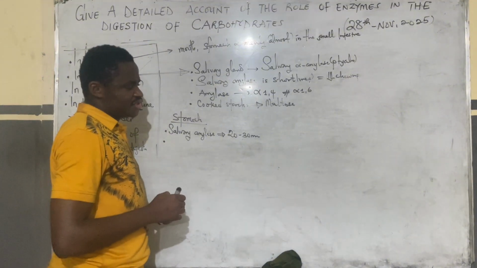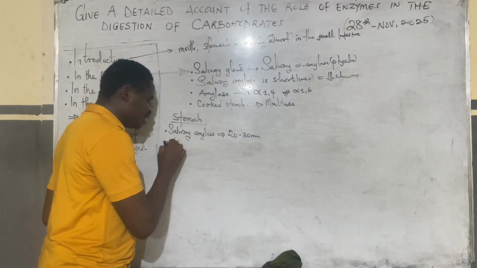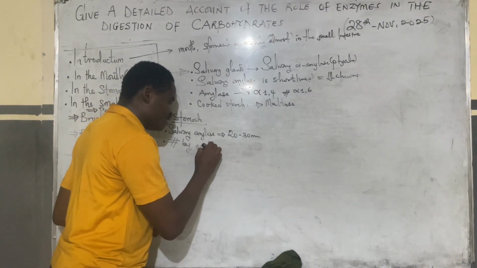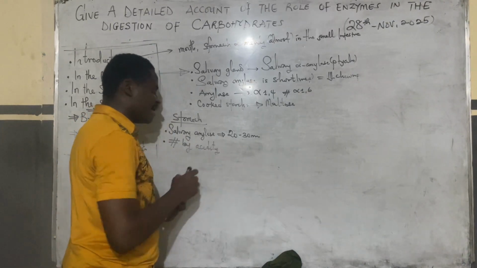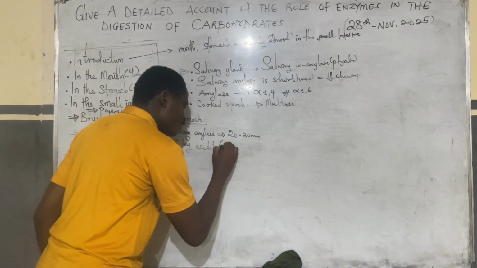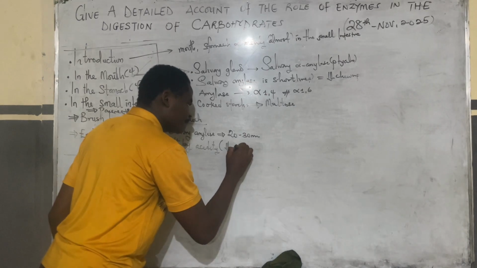Now, what becomes of the second point? The second point is that it is going to be inhibited by the acidic environment in the stomach. And by the acidic environment in the stomach, we mean a fall in pH.